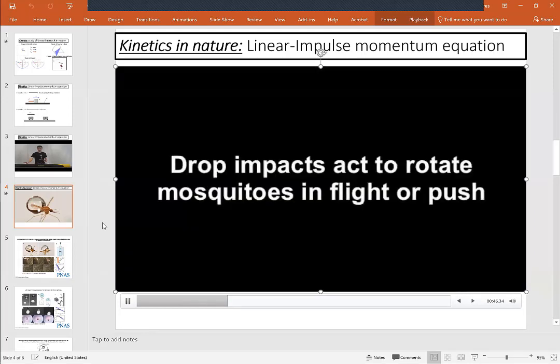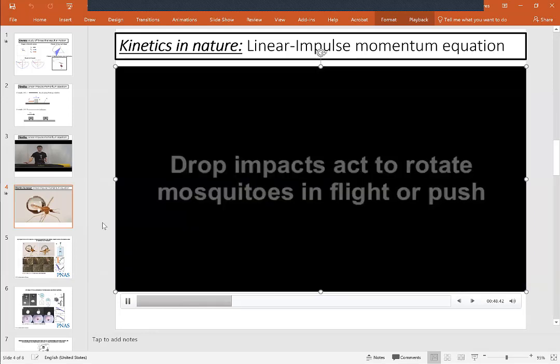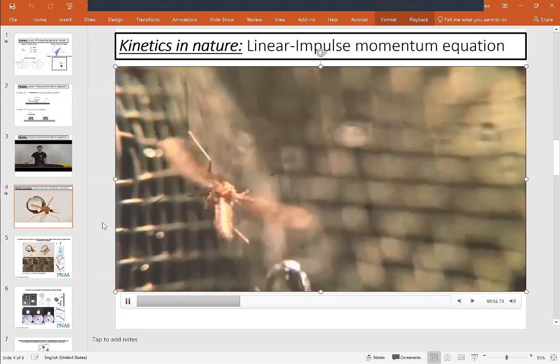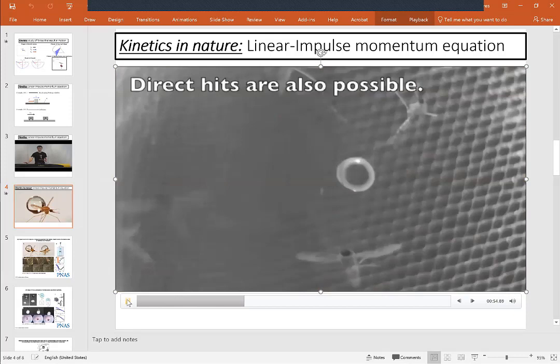It bounces off, right? So if you think about what bouncing off means in terms of collisions, what does that mean? It hits you and then it keeps going, but it doesn't transfer too much momentum to you, right?